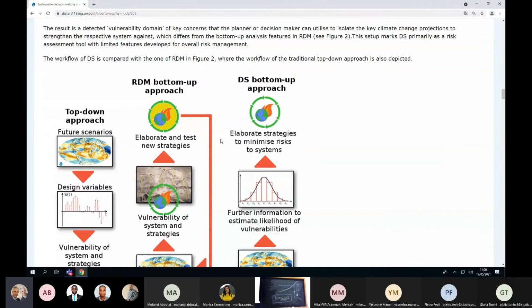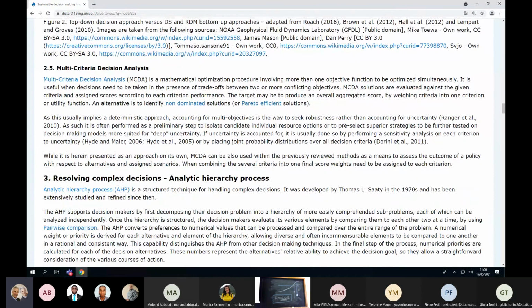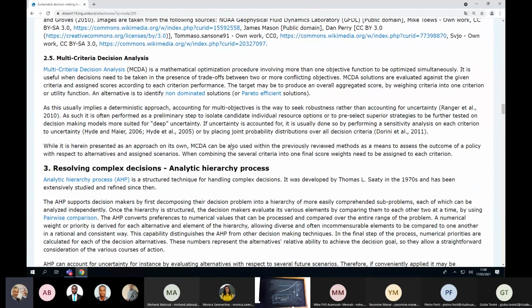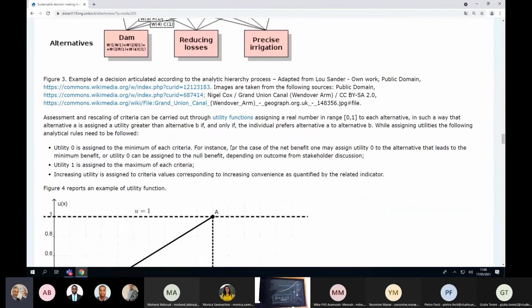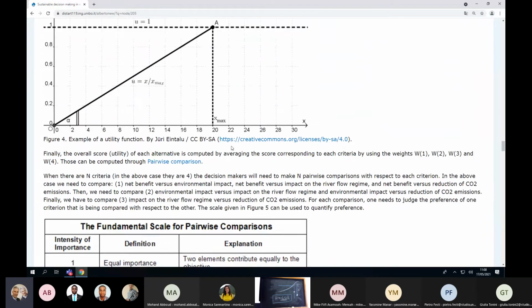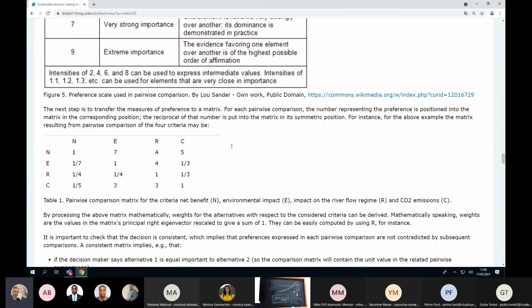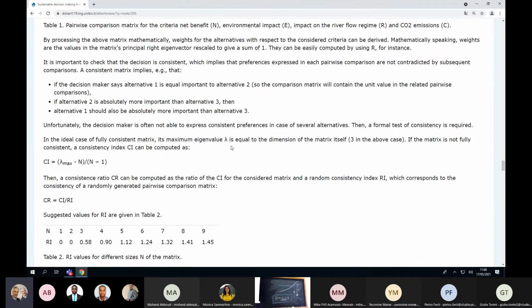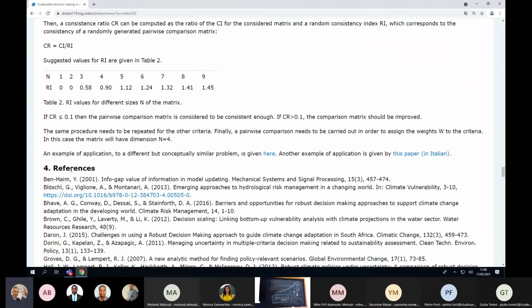And what's the difference between a top-down approach and a bottom-up approach, and how pairwise comparison works. So analytic hierarchy process and the computation of the matrix of the pairwise comparison, and how to check that the matrix is efficient. Of course, you don't have to remember this table, but you have to remember, for instance, also how to compute the consistency index and the consistency ratio here.